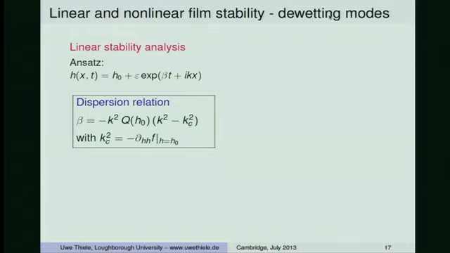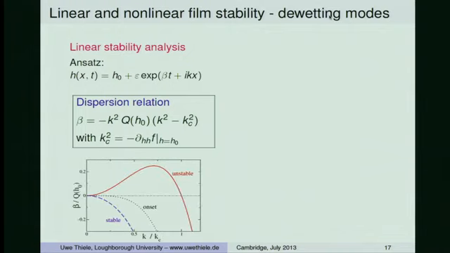Now, if you put this into your thin film equation and expand in epsilon, to linear order you get the equation that relates beta and k, and that's called the dispersion relation. And I should have a plot underneath. So you see, it's a quartic expression. It has a k to the power 4 term and a k squared term, and it has a critical wave number that you can write in terms of the negative of the second derivative of this wetting energy.